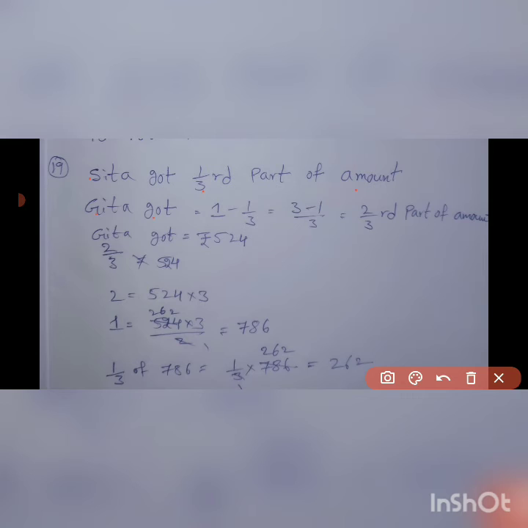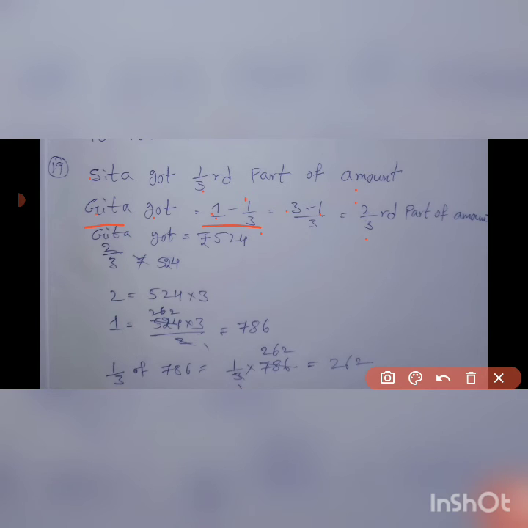So Geeta got how much part of the amount? The amount she got is 524, but the part of the amount she got, we are going to do whole minus 1 by 3. Whole is nothing but 1. 1 minus 1 by 3. That means 2 by 3rd part of the amount Geeta got.